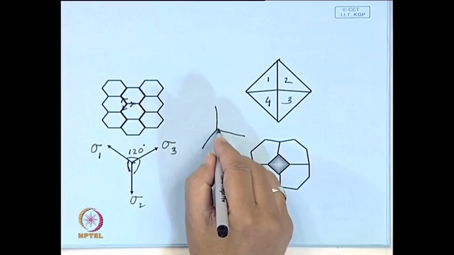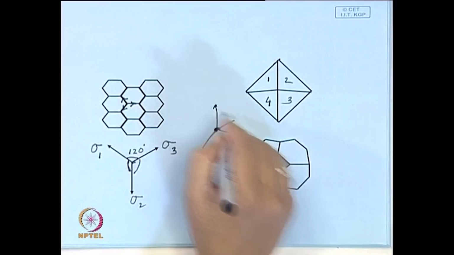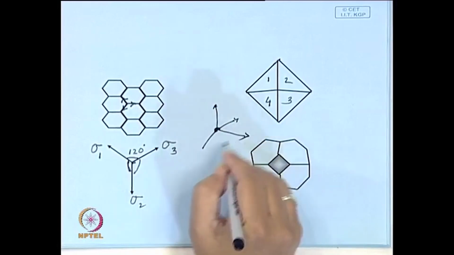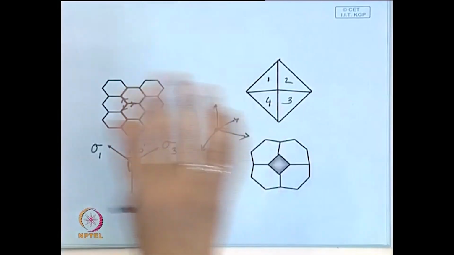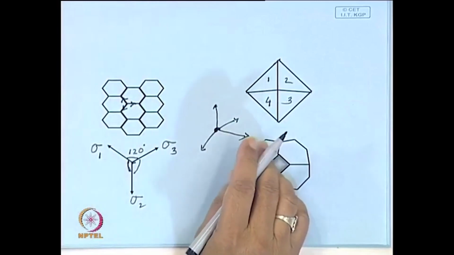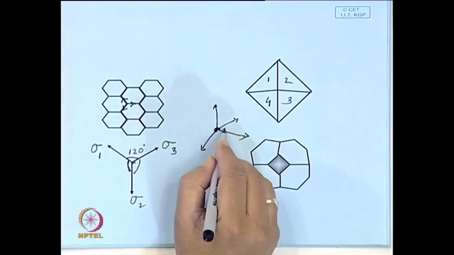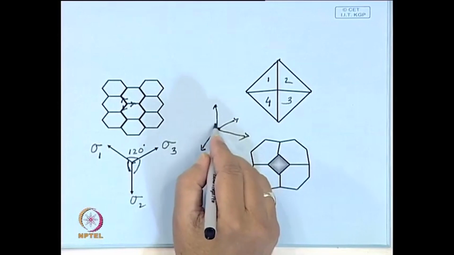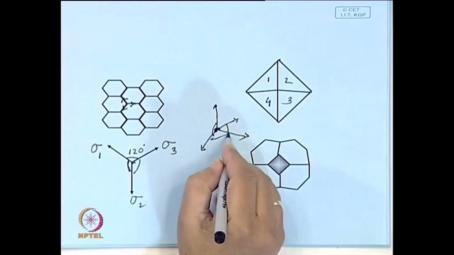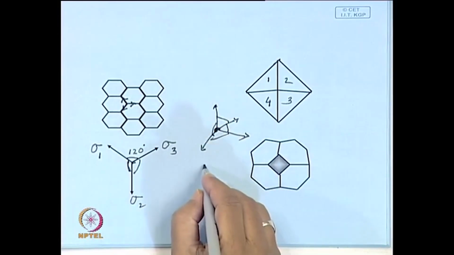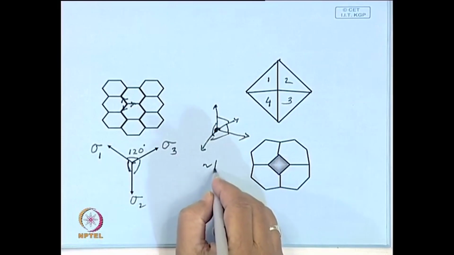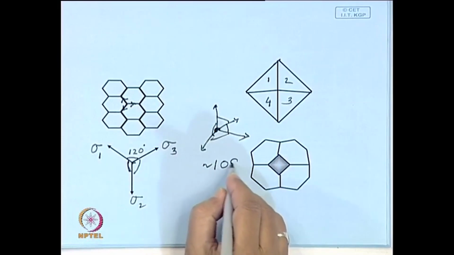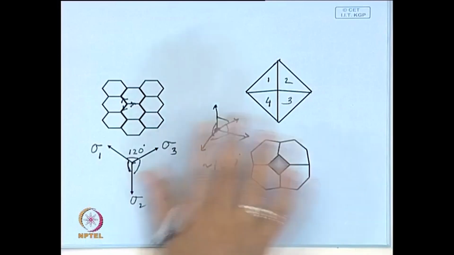So, there will be 4 points, like if you try and recollect the carbon bond structure, if all these energies are nearly equal, the angles have to be equal, and I think we said that this angle is around 109 degrees or something.